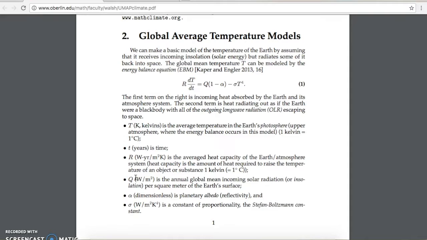In this textbook, Walsh gives an explanation for each of the variables in this equation, as well as the appropriate units to use for it.